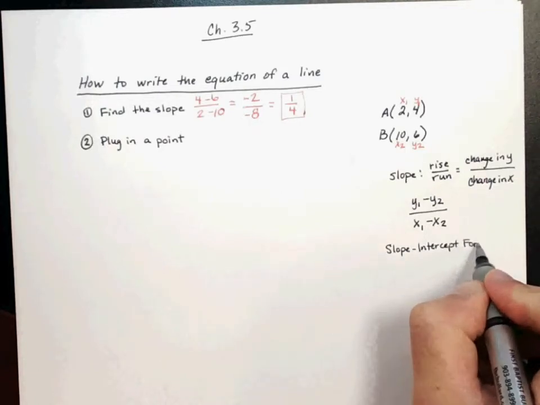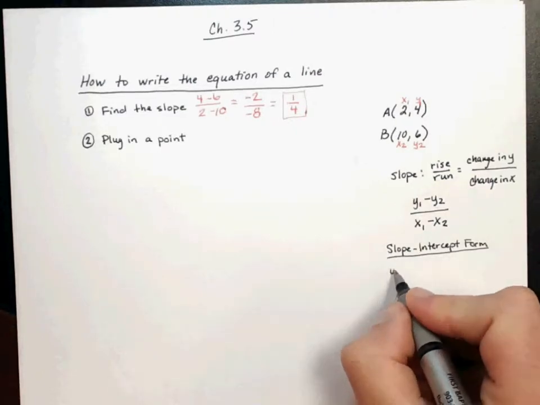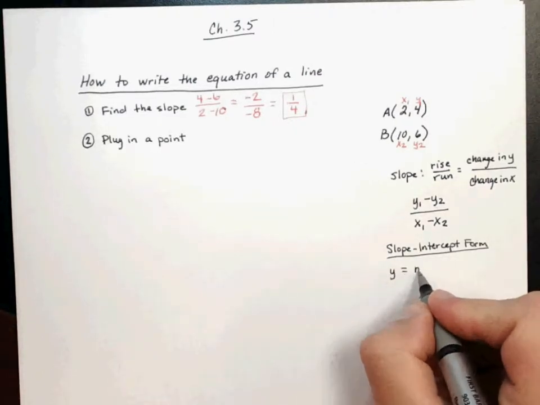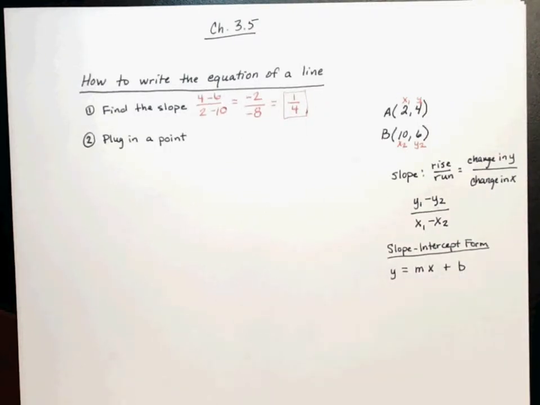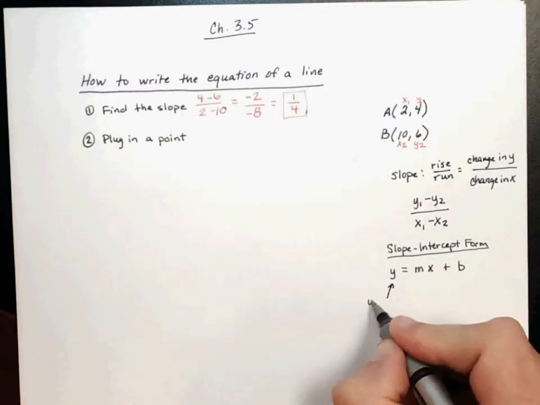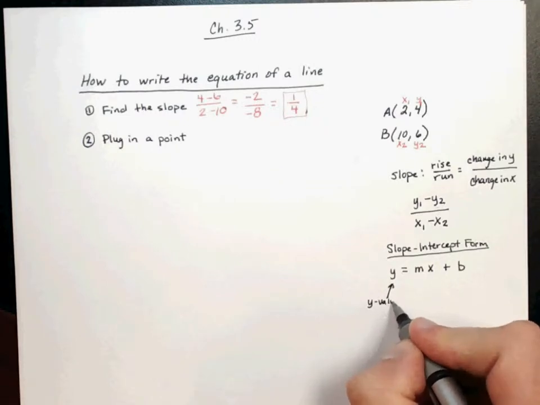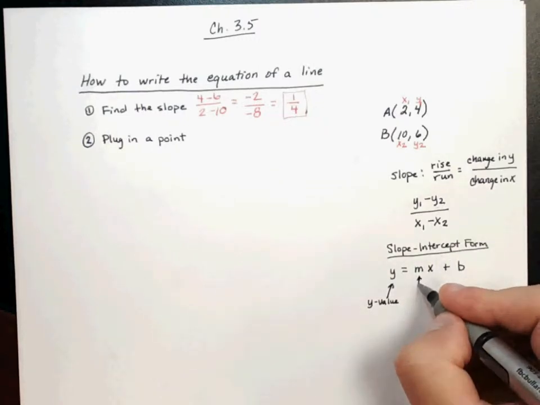Okay? And we should know this already. Slope-intercept form, y equals mx plus b. Okay? Now, our y stands for the actual y value. Okay? Y is our y value.